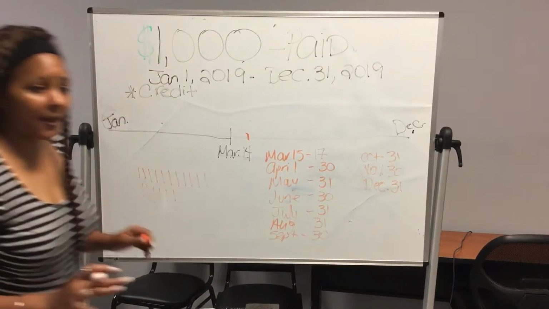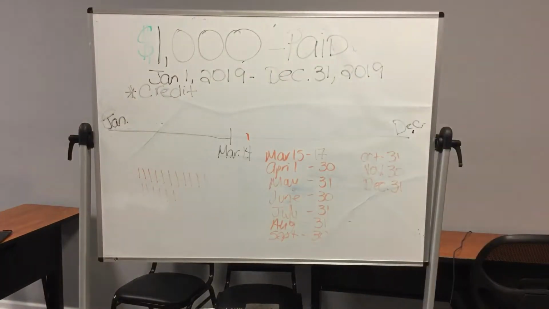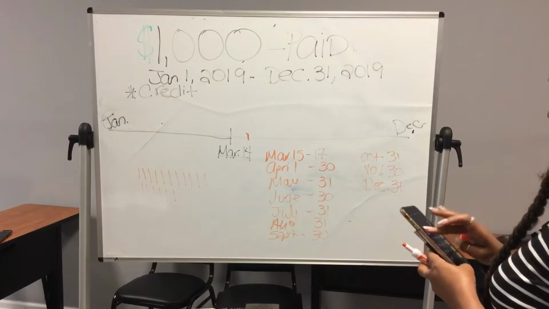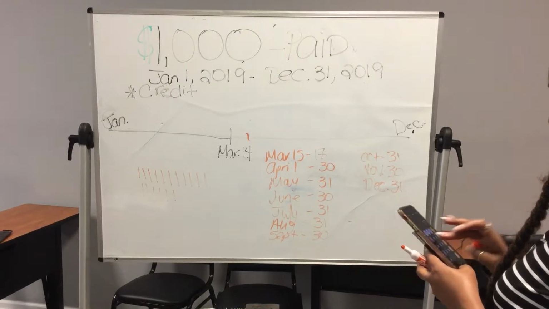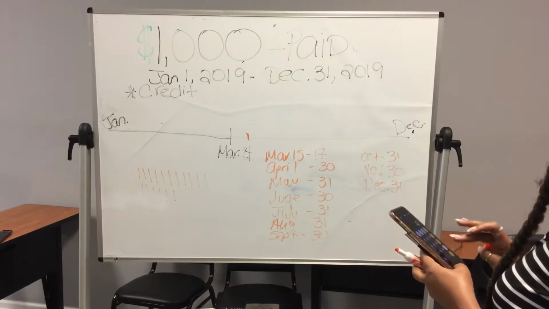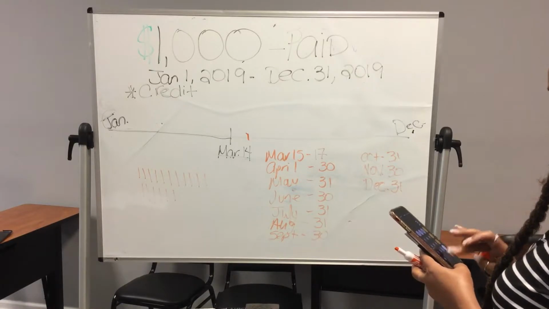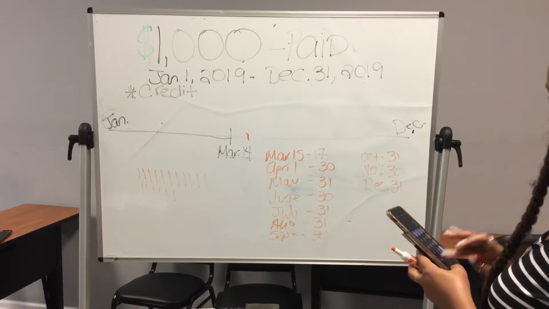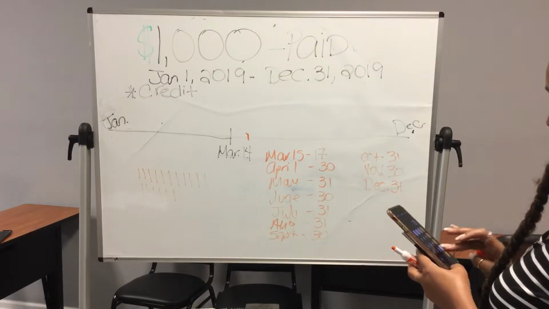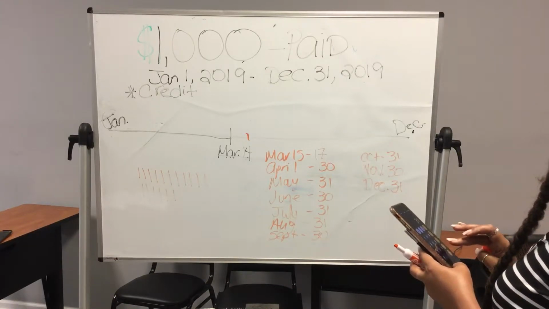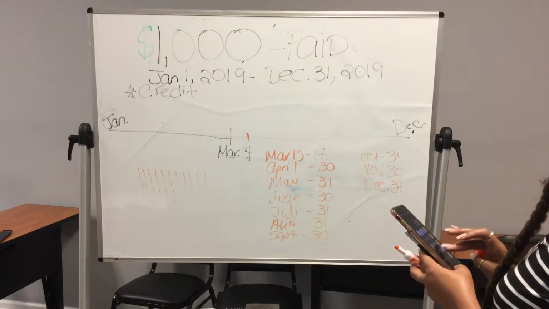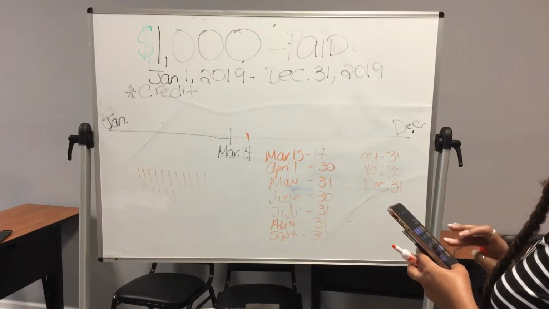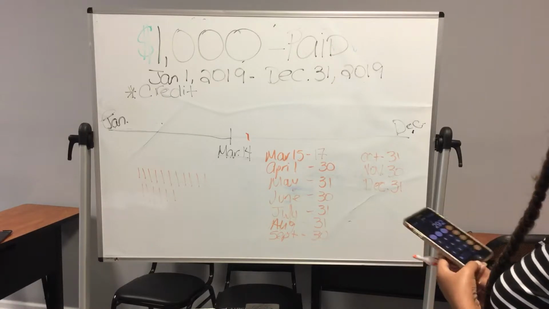So I'm going to grab my calculator so that we can see how many days we owe the seller. 17, 30, 31, 30, 31, 31, 30, 31, 30, 31.